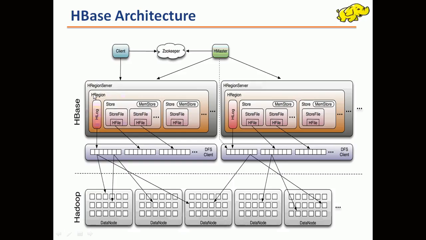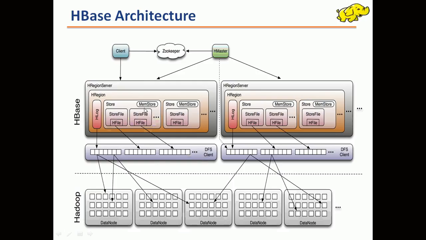So it first writes into the write ahead log, then it writes into the in-memory buffer called the MemStore. Then whenever the MemStore is filled, it flushes the data as an HFile, or you can say a store file. That store file is stored in HDFS using the DFS client.